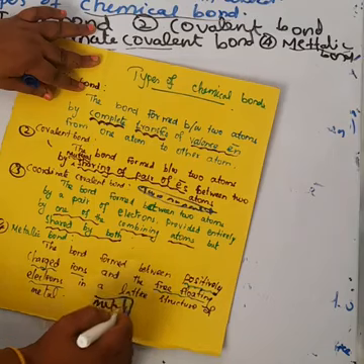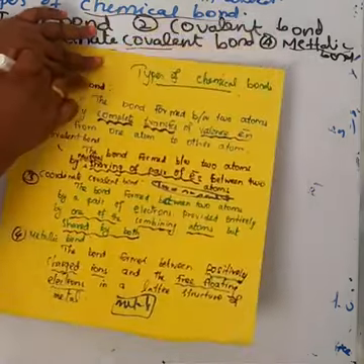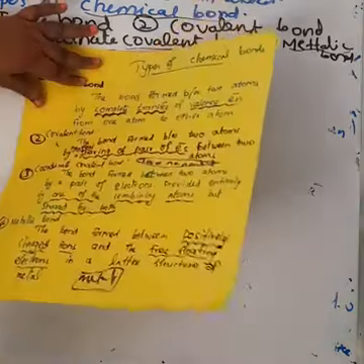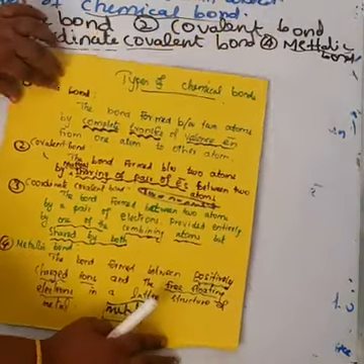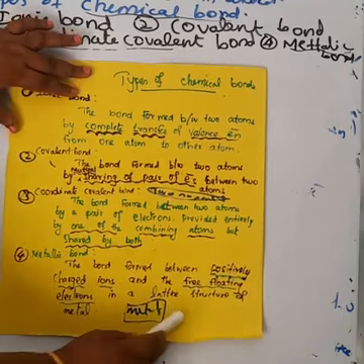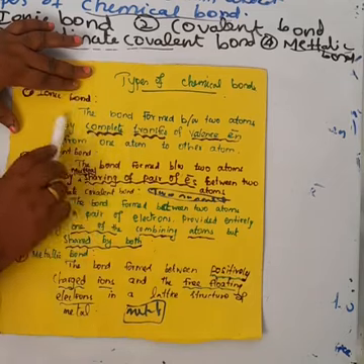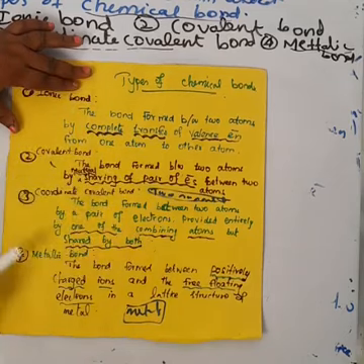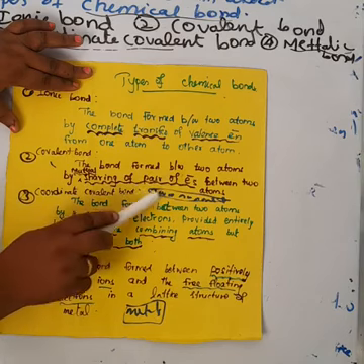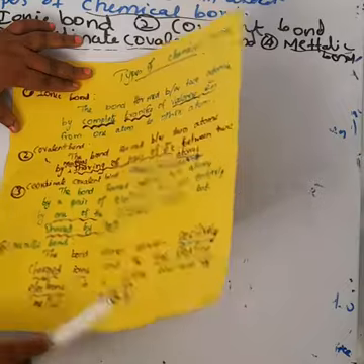Whatever metals are there, you know: sodium, magnesium, copper, iron, these are the metals. So metallic bond is formed between metals, ionic bond between metal and non-metal, and covalent and coordinate covalent bonds between two non-metals. Understood?